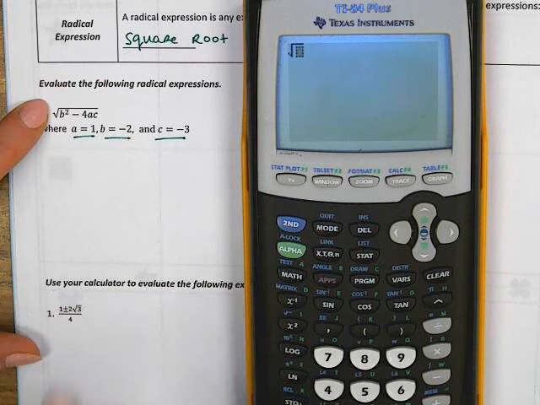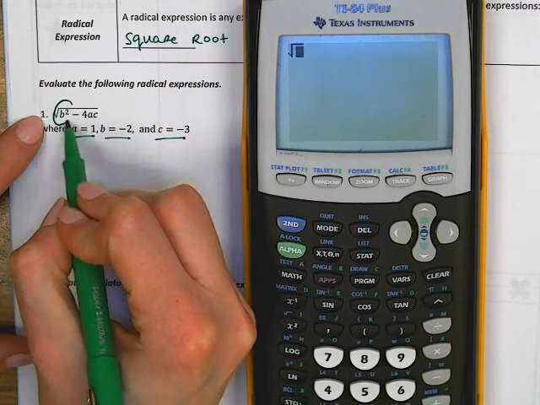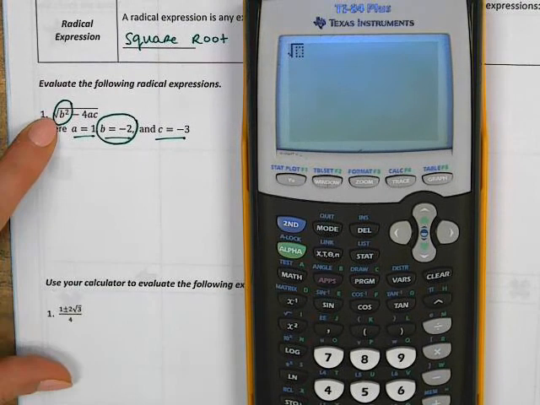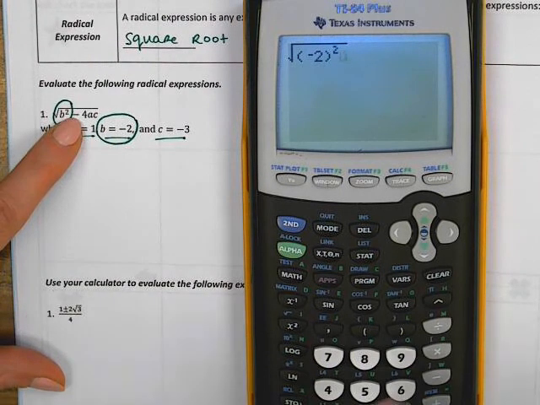And now you're just going to type these numbers into their spot. So for b squared, we're going to type -2 squared. But remember, when you square a negative in the calculator, it has to be in parentheses. So b squared. All right, then we have to hit a subtract sign.